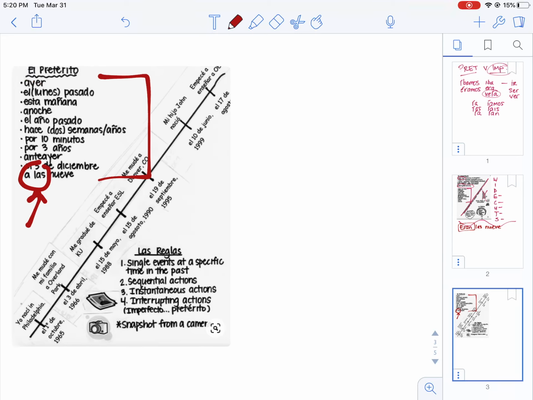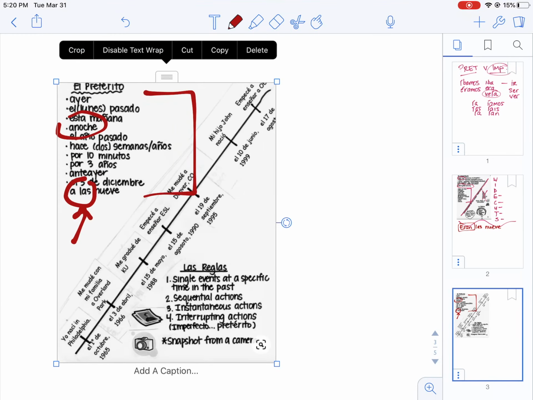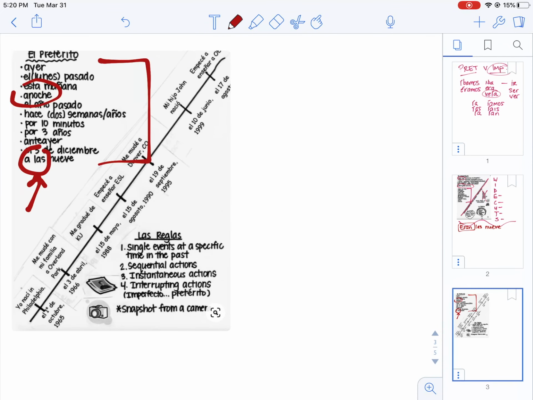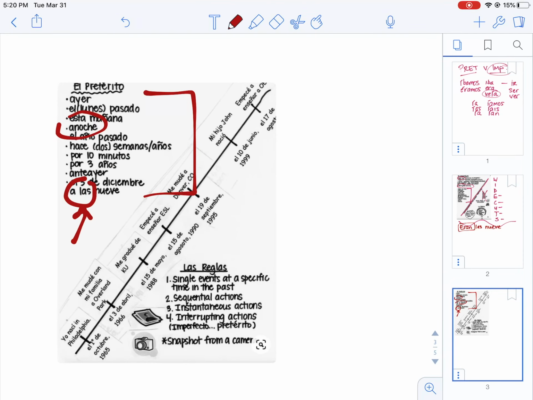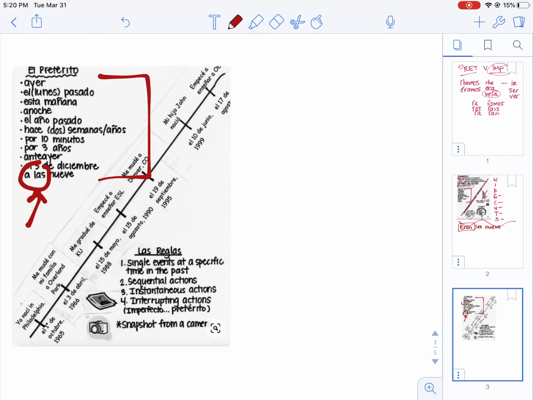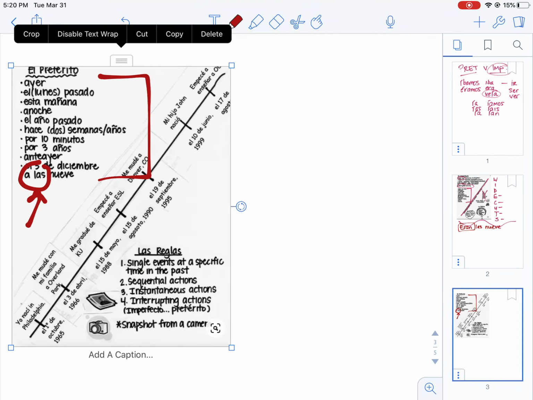Okay. Also notice it says yesterday, last Monday, last night, last year, for 10 minutes. Okay, so those are specific amounts of time. So those are things that you want to be mindful of. Also, the rules are for single events, sequential actions.